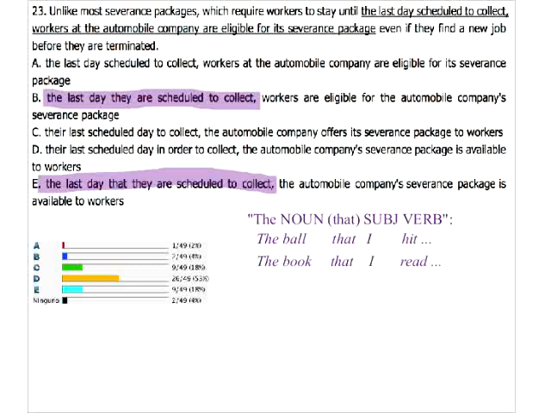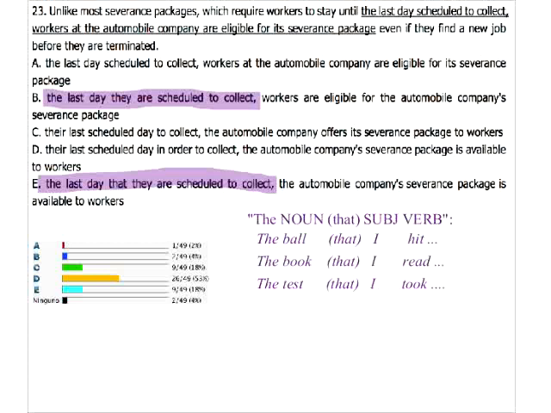And by the way, in these constructions, notice that for the most part, the word that is going to be optional. If the meaning is clear without that, then that is something you can omit, unless it actually clarifies something. What do all these things have in common?